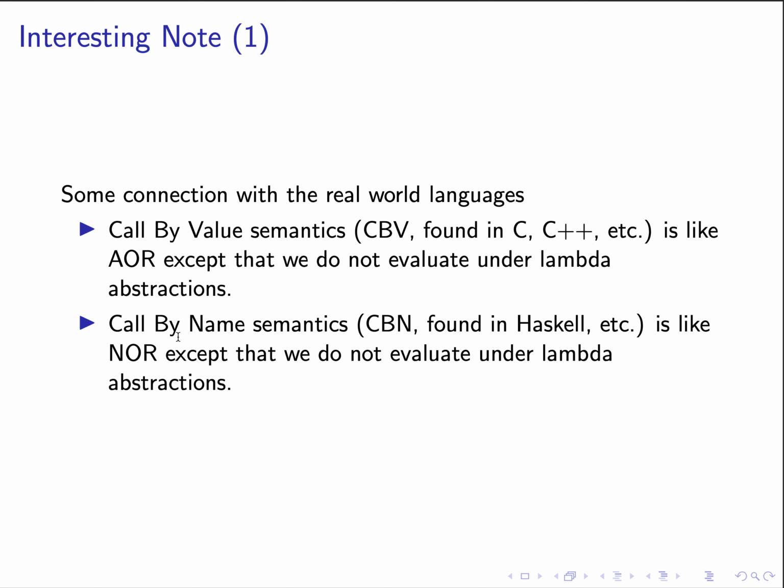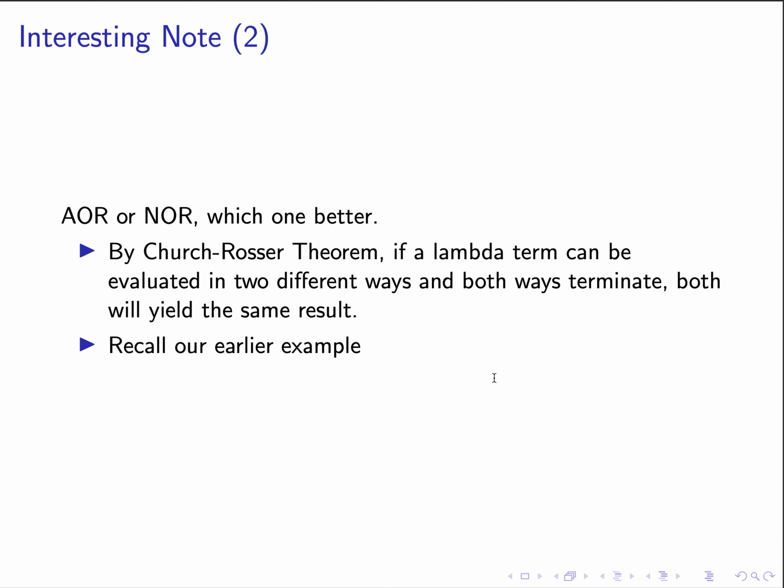Again, there is some minor difference between the two, because for call by name semantics, we do not evaluate the redex under the lambda abstractions. Then when we compare applicative order reduction and normal order reduction, which one is better? We found a very useful theorem by Church and Rosser.